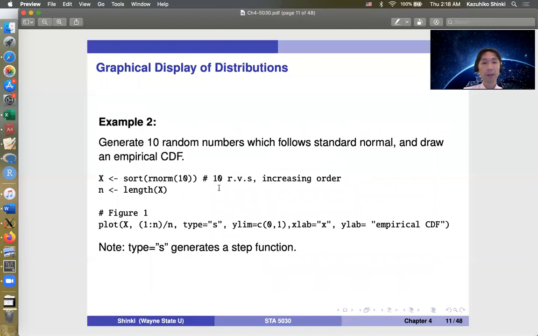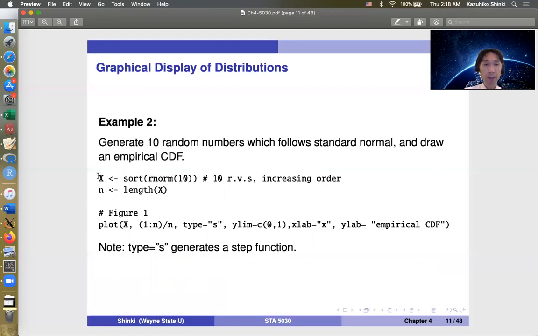Yeah, and this is another example. We generate 10 standard normal random numbers here, and we count the length of x. Actually, n is 10. To make the empirical plot, the empirical CDF starts with 0 for small x, then 1/10, 2/10, 3/10, 4/10, and finally it becomes 9/10 and 1.